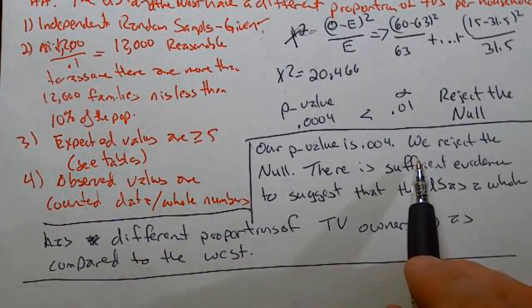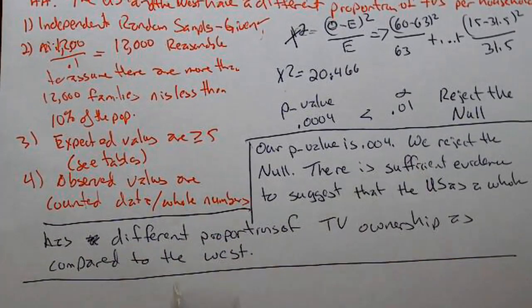Our p-value is 0.0004. We reject the null. There's sufficient evidence to suggest that the U.S. as a whole has a different proportion of TV ownership as compared to the West.